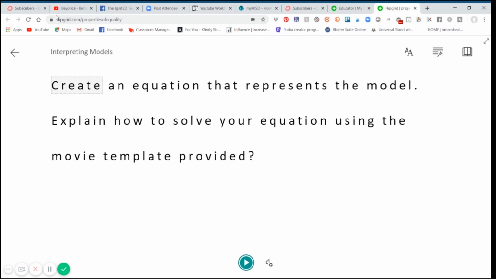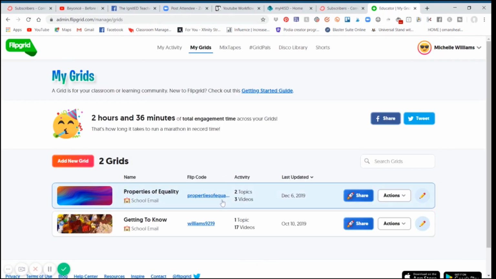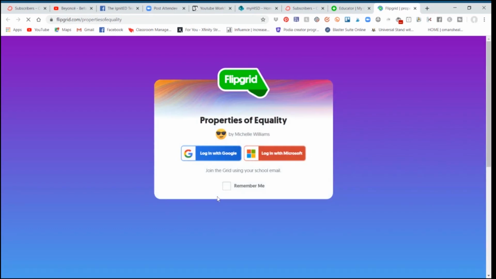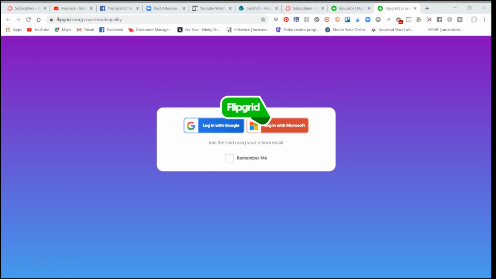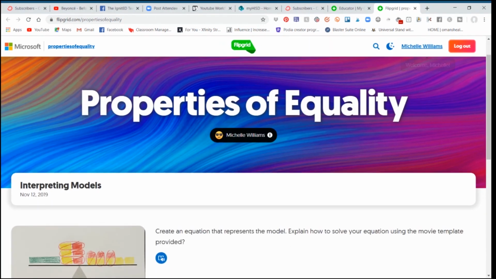Also, it has an interactive reader where children who struggle with reading, it'll actually read it for them. So I was saying previously that I liked Flipgrid and Microsoft products, because the Microsoft products and the Google products have gone through all of those things that they think about with accessibility, and they put it into their program.